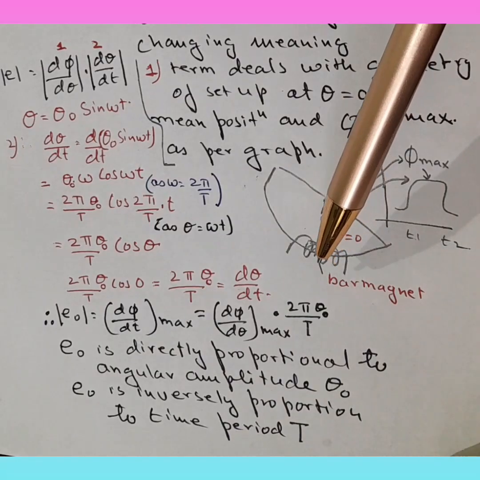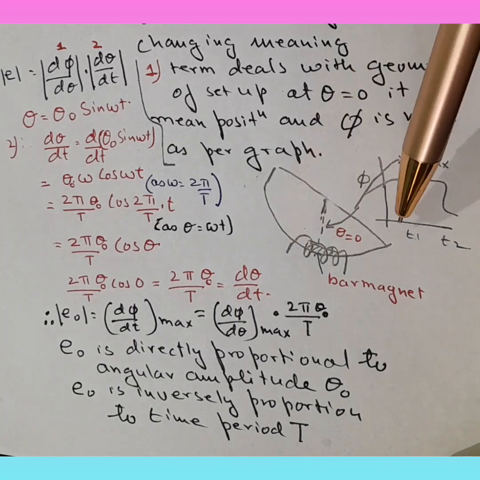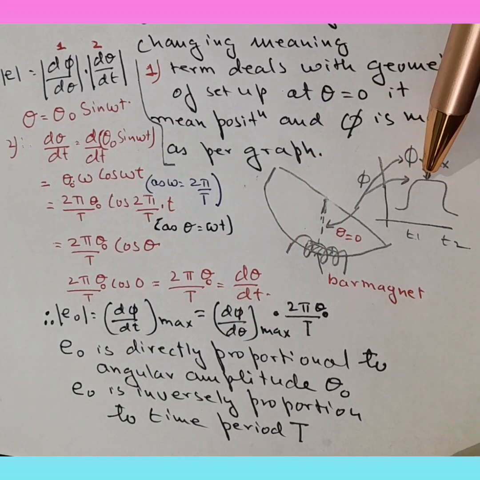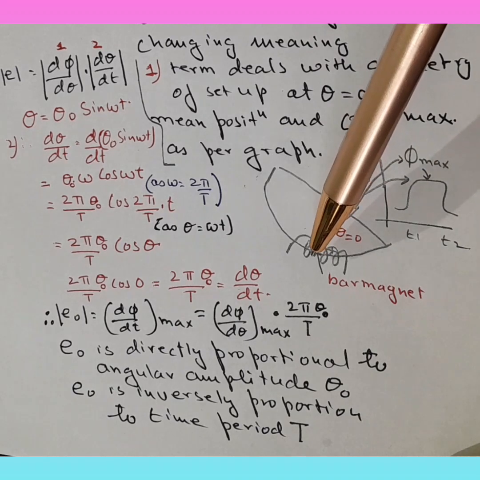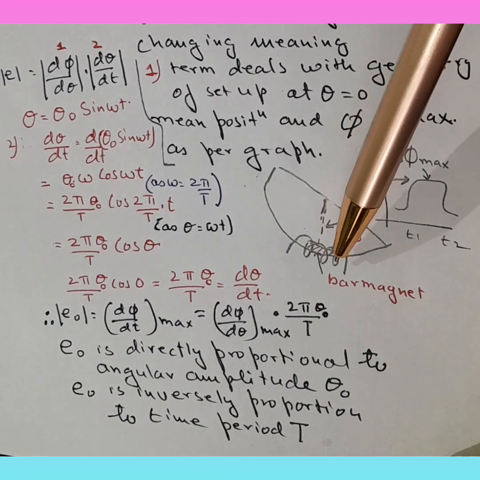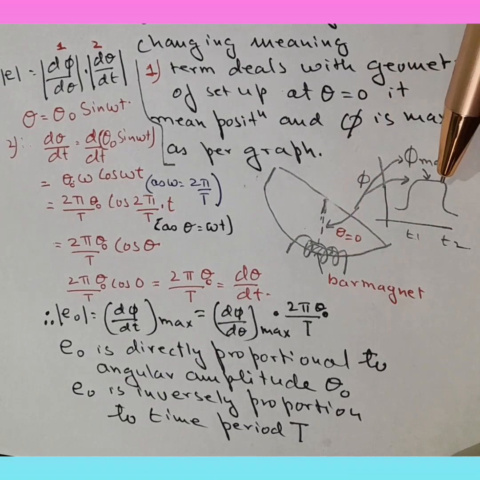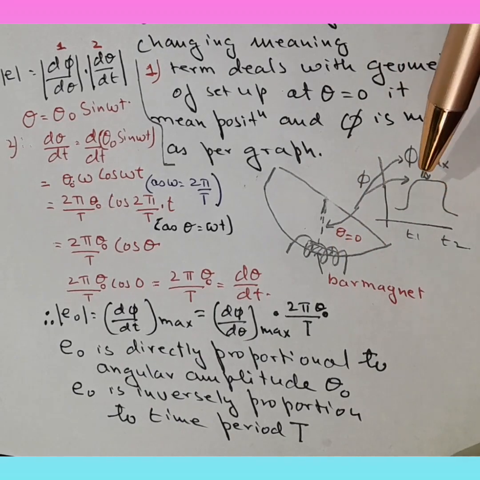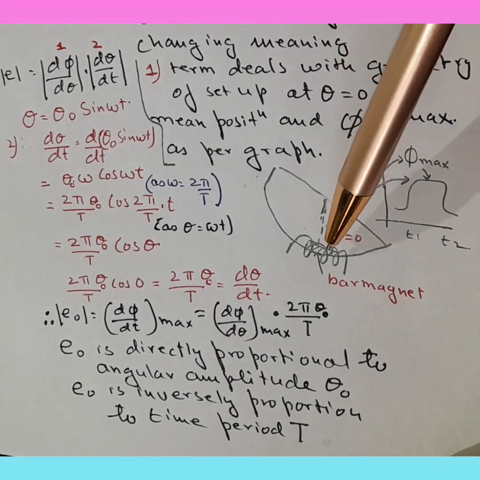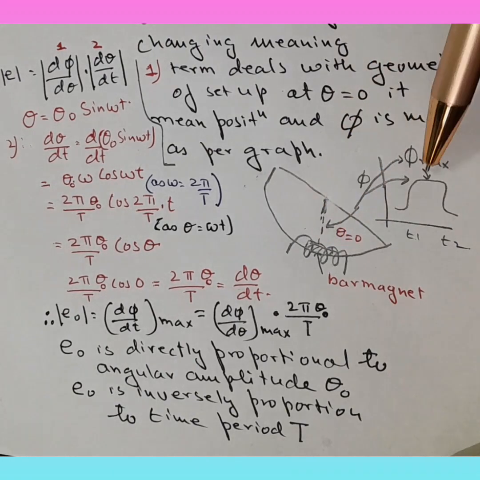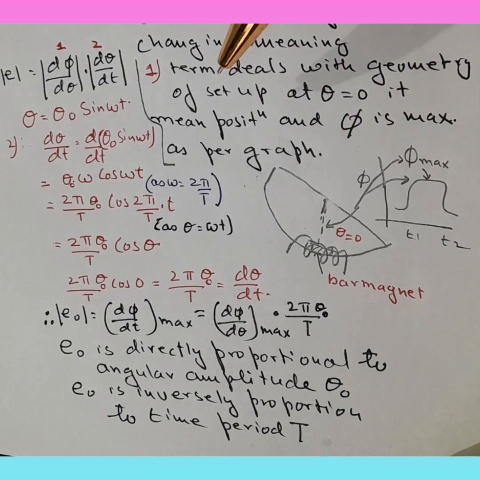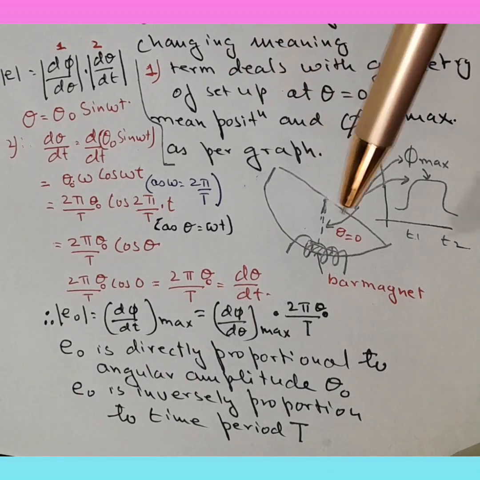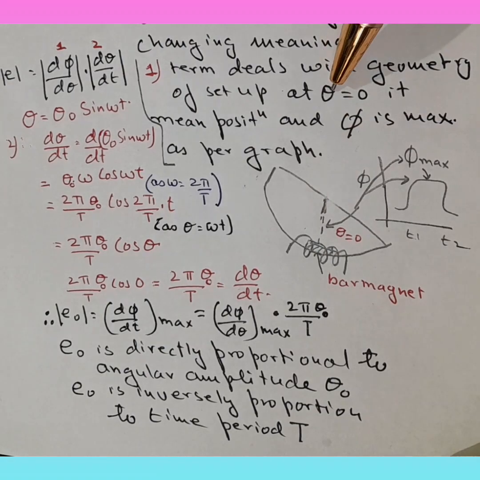When it was entering into the copper wire loop, flux was rising, and then flux became maximum and constant when the magnet was inside the coil, and then again when it was coming out, the flux kept on reducing. So what do we mean? Mean position is somewhere here, meaning maximum. So at theta 0, it's the mean position and flux is maximum as per the graph. So that part is understood.